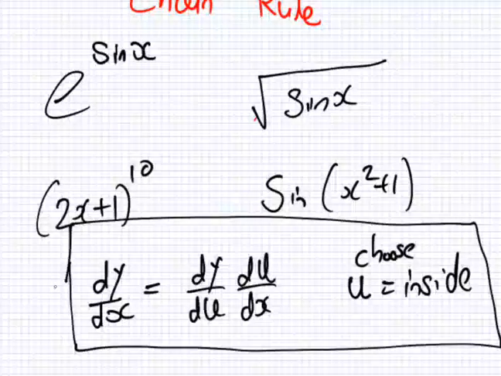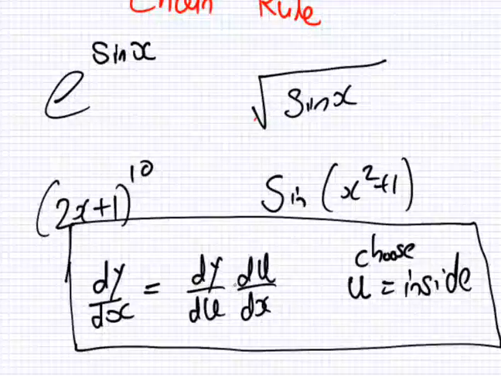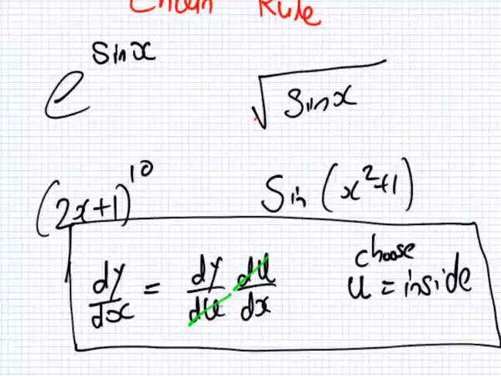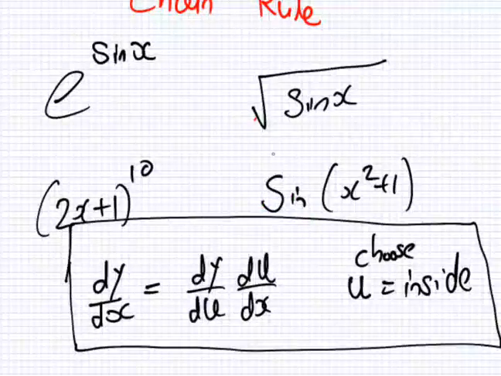Let's do something like this, finally. Sine of (x squared plus 1). What's the inside function? The quadratic x squared plus 1. And the outside function? Sine x. So these are the types of problems you deal with when you're dealing with chain rule. Okay?